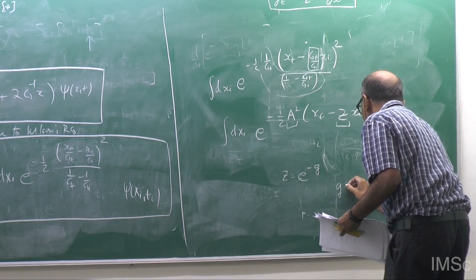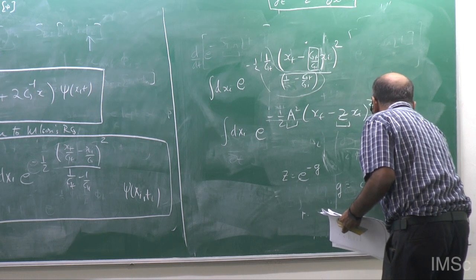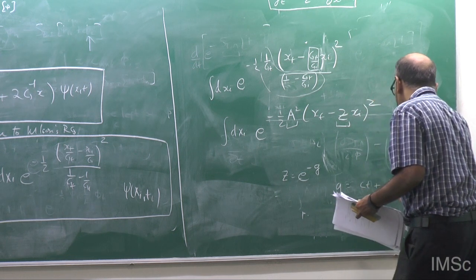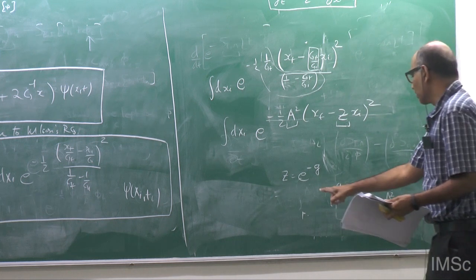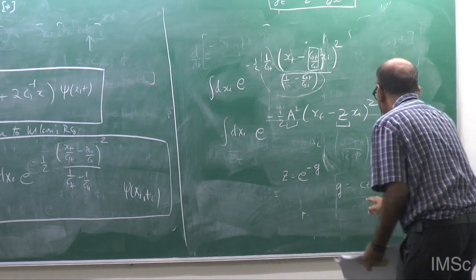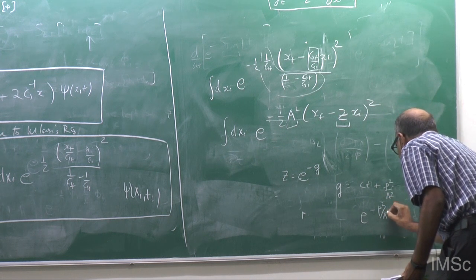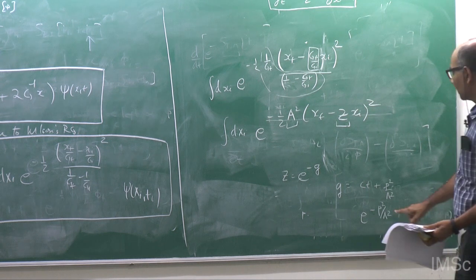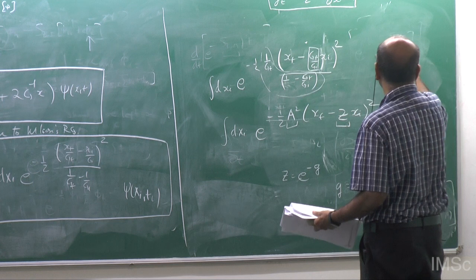G was chosen to be some constant t plus p squared by lambda squared or something. So e to the power of minus g has this factor e to the power of minus p squared by lambda squared. Remember what is the role of this? So here what is our factor? It's gf by gi.